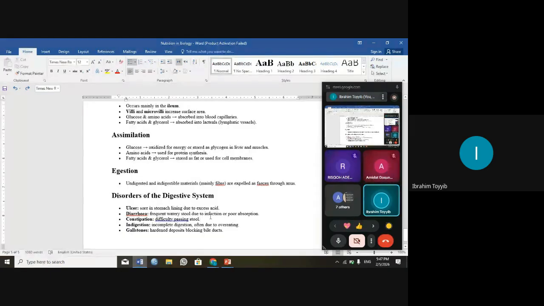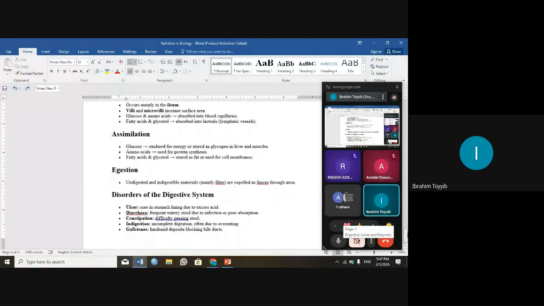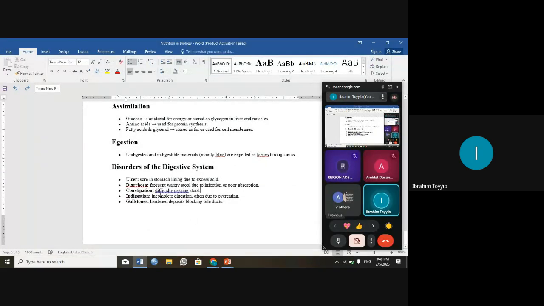For example, if you take in contaminated water or food, you can have what? Diarrhea. Constipation, so difficulty in what? In passing stool. Indigestion, incomplete digestion, often due to what? Overeating. Gallstones, so they are hardened deposits blocking the bile duct.